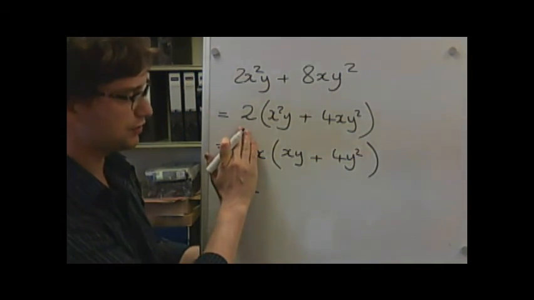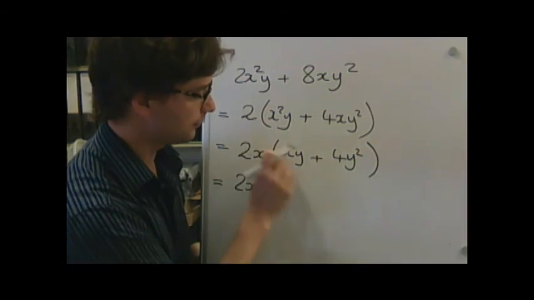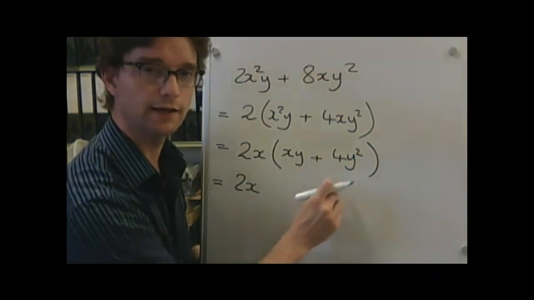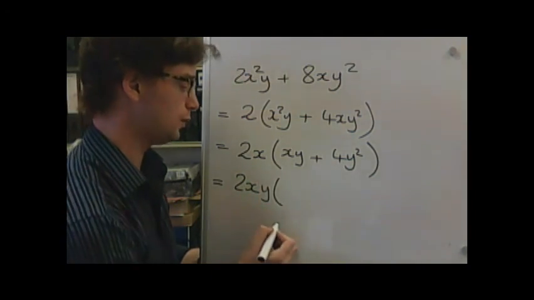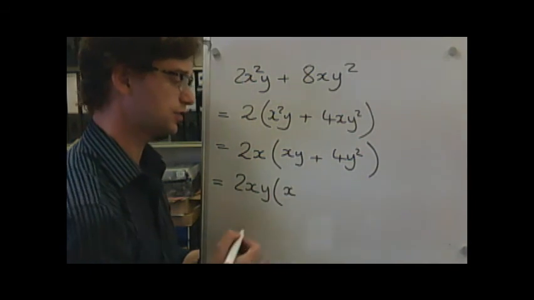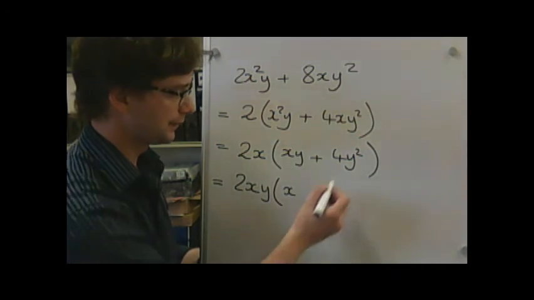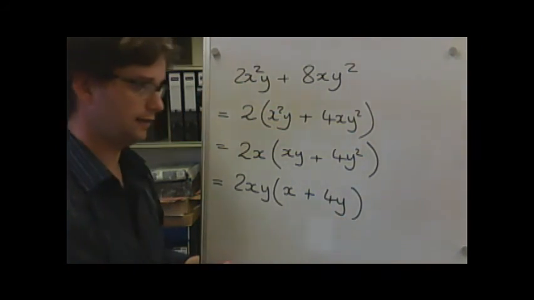So now I'm just going to leave my 2x and think just about that bracket there. I've got y's in here and y's in here. So I can pull out a y as well. And I think if I pull out a y from this, then I've just got an x left. And if I pull out a y from this, I've just got 4y left.